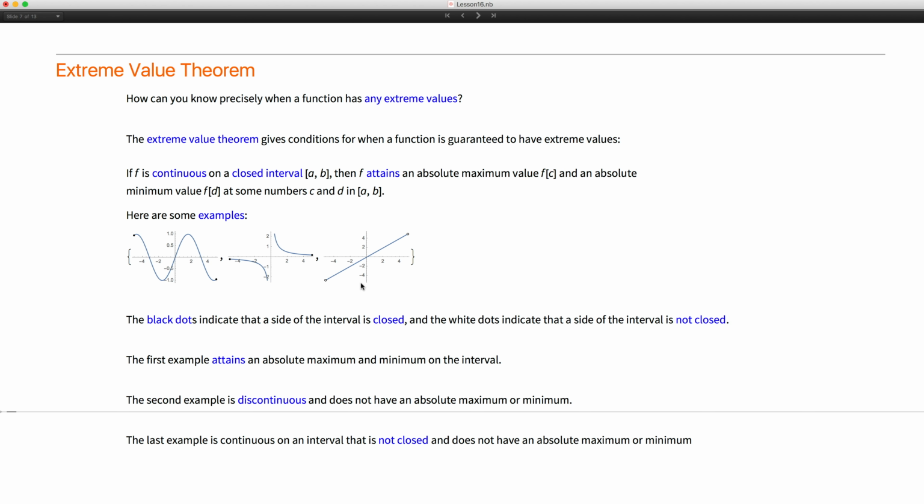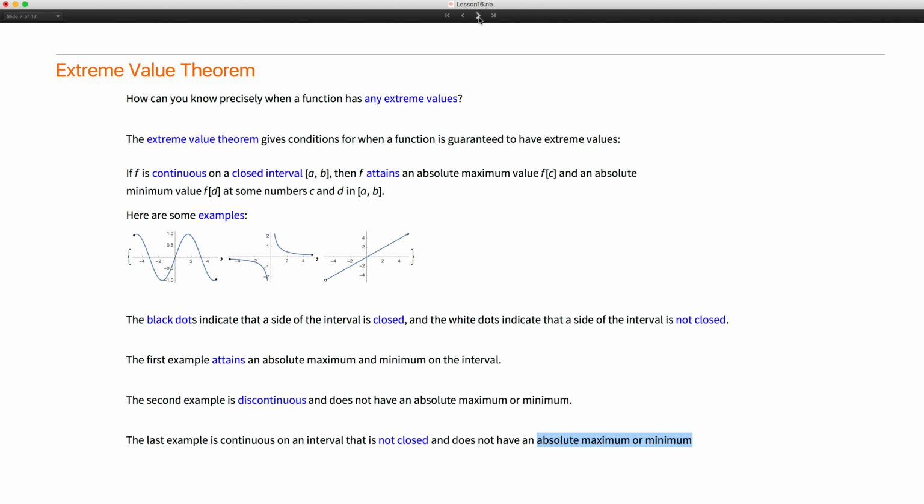The last example is again not quite relevant because here you have an open interval. Because the interval is not closed, it's open, you cannot guarantee anything from the extreme value theorem. But in fact, in this case, there is neither an absolute maximum nor minimum, precisely because of the issue with missing endpoints.